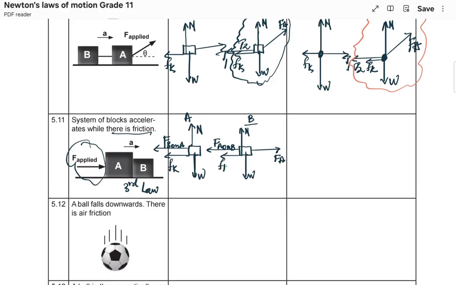There's still friction. Okay, the side A, free body diagram: normal, weight, the force of B on A, friction. Oh, there's no force there.